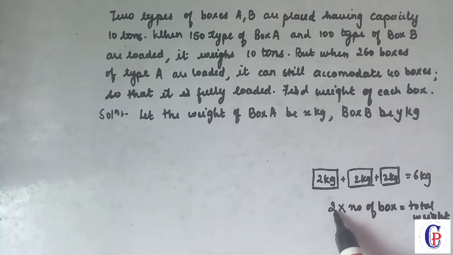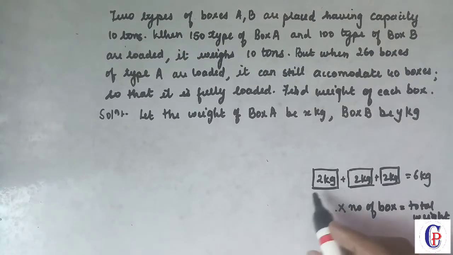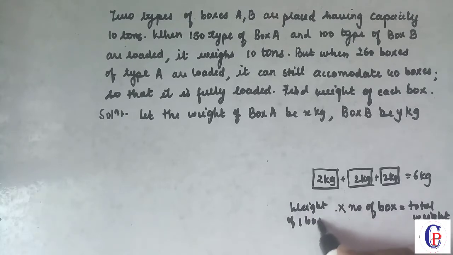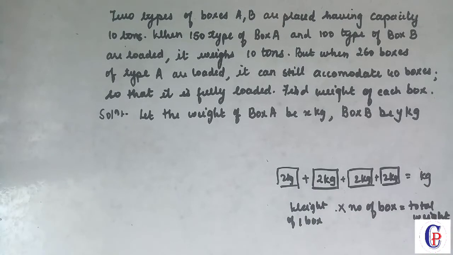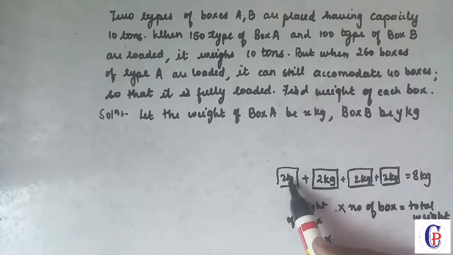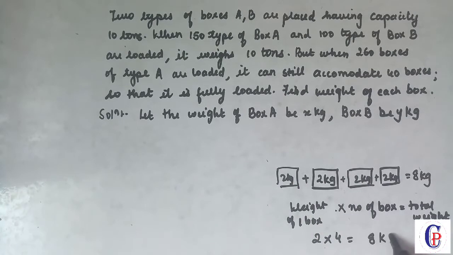Weight of one box into number of boxes. If I take one more box here, 2 kg, this will not become 6, it will become 8 now, because weight of one box is 2 into number of boxes 1, 2, 3, 4. So 2 fours are 8 kg.